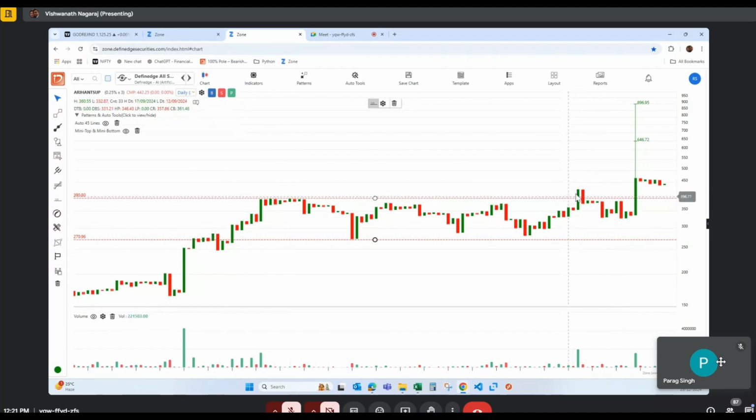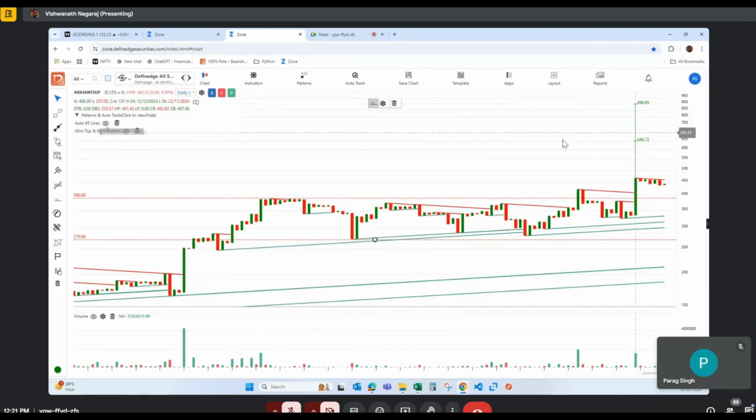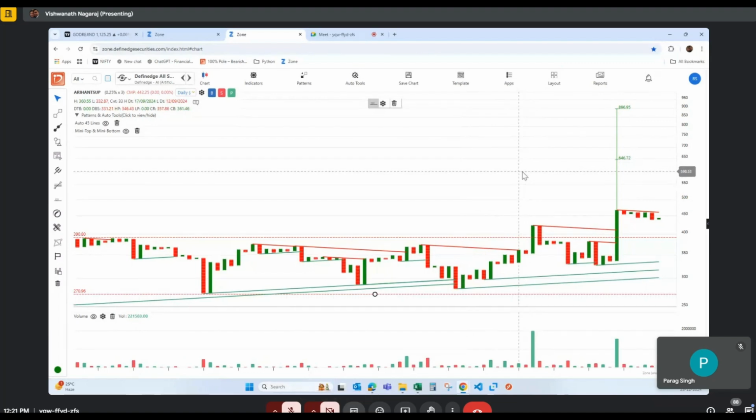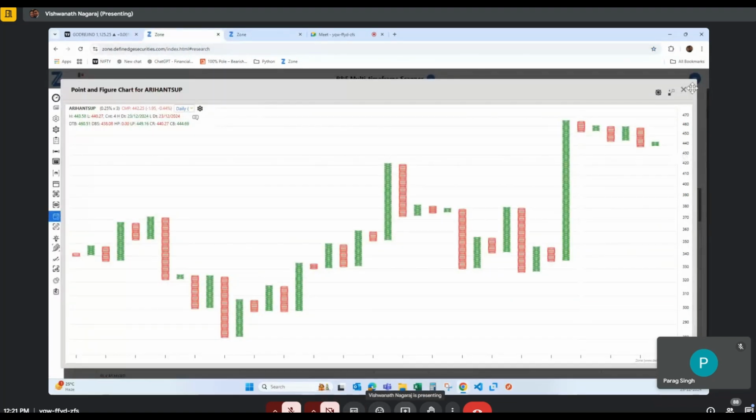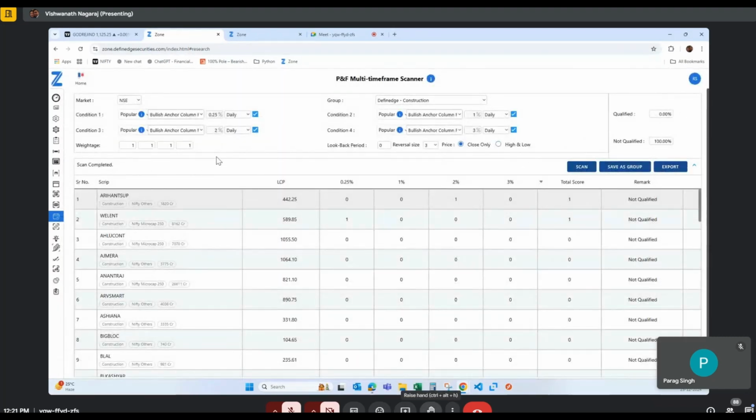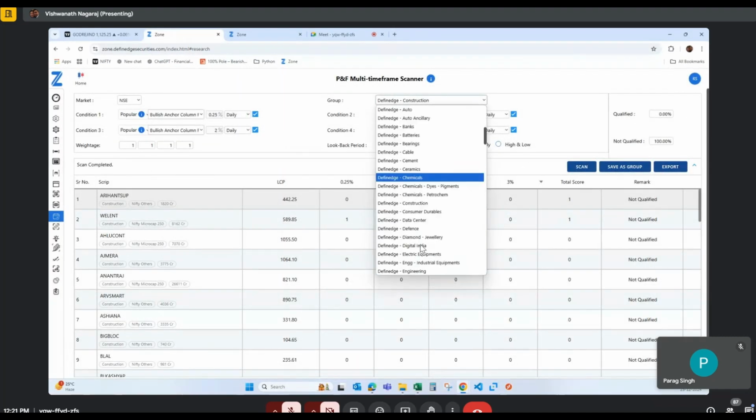It tried breaking out once, it's come back in, and now it's given a big anchor column. Volumes have also come with this swing move, and there is some buying that has happened here. This is a very specific watch list for me, where within 5-7 minutes we got to know everything that is supposed to be here. Now the second one was defined edge media.